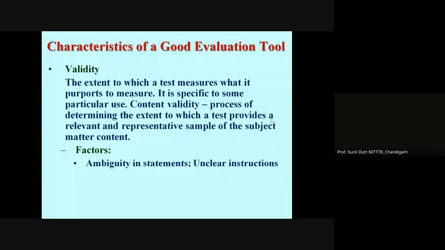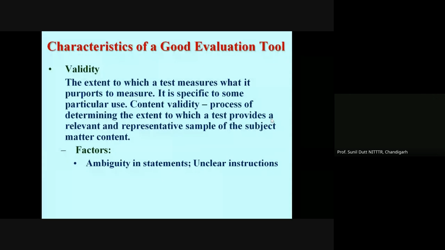Now, suppose you have asked one question: explain the working principle of the carburetor of an IC engine. One student has explained the working with a sketch, another student has not drawn any sketch. The student who has explained with a sketch will get complete marks, the other student will get fewer marks.